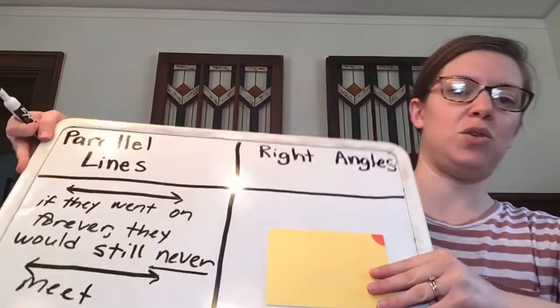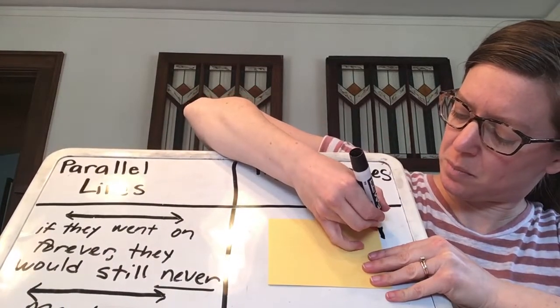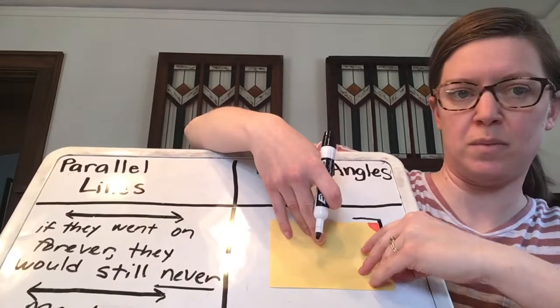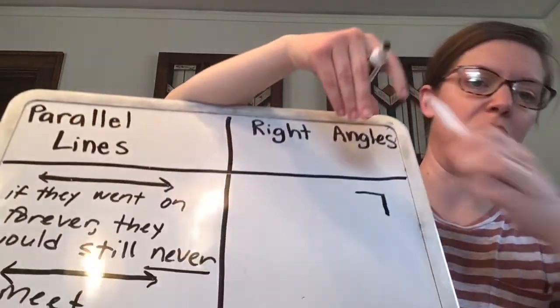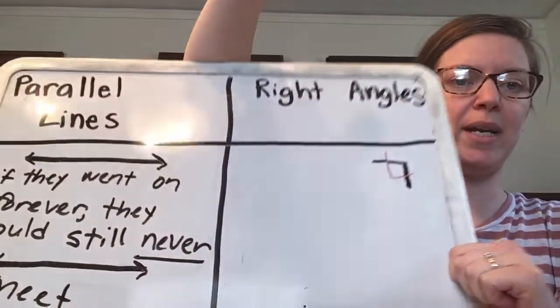Another thing that you might hear a right angle called is a 90-degree angle, okay? So I'm going to trace the right angle onto our whiteboard like this, okay? And then I'm going to show you that there's a little symbol we can actually use when we're drawing to show that it's a right angle.